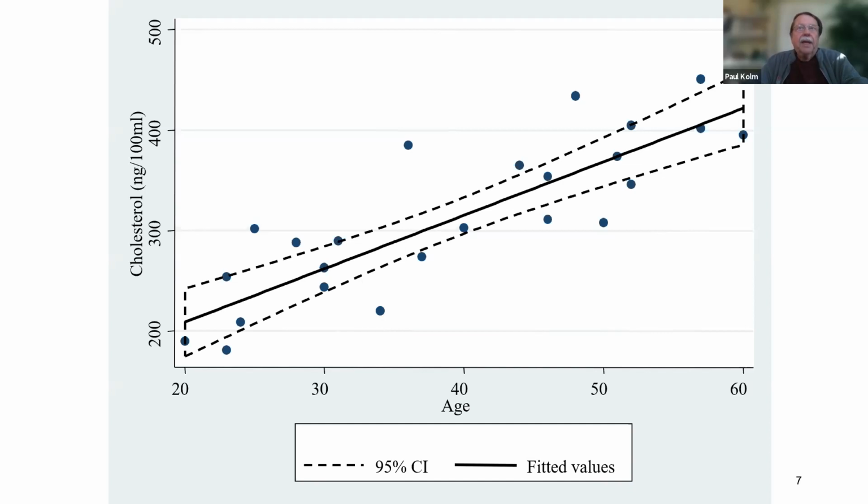And what this indicates is that your best prediction is around the mean of your covariate here, in this case, age.